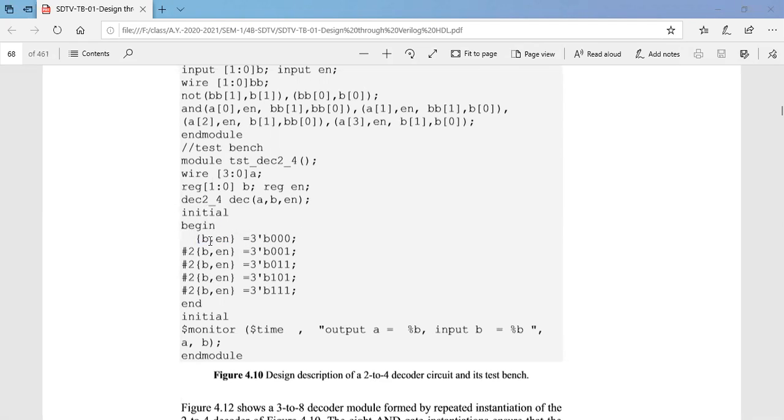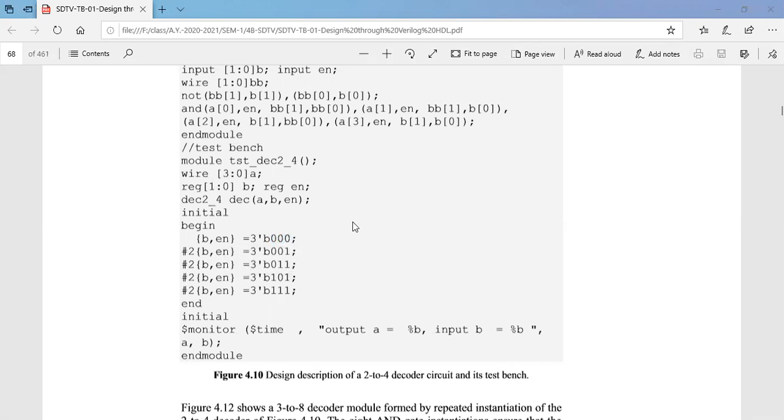It will be concatenating it. B is having 2 bits and it is concatenating with enable bit. So these two are related to B first, and this one is related to enable. So that means at the initial stage, all the inputs are zeros. Enable is 0 and all the 2 bits of the B are also 0.